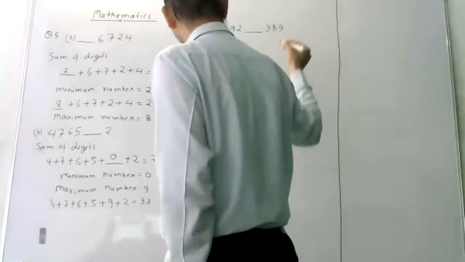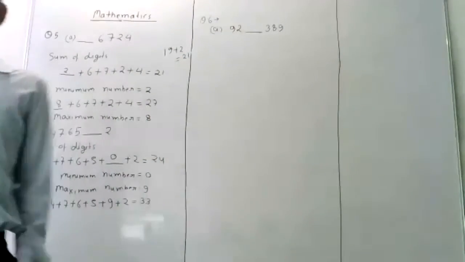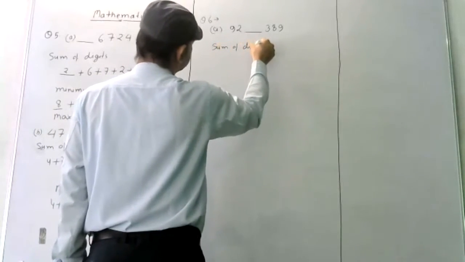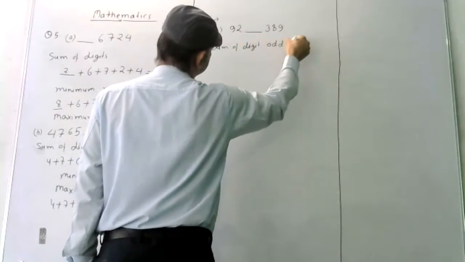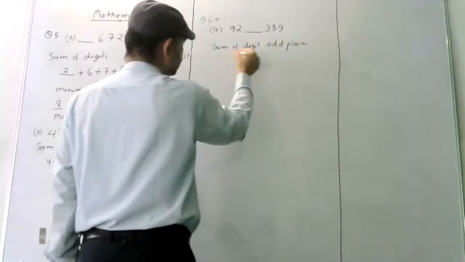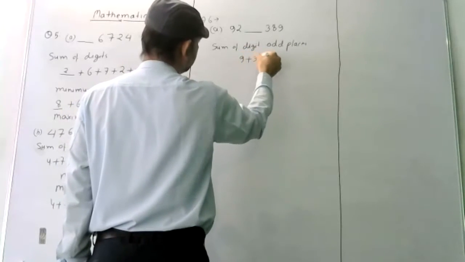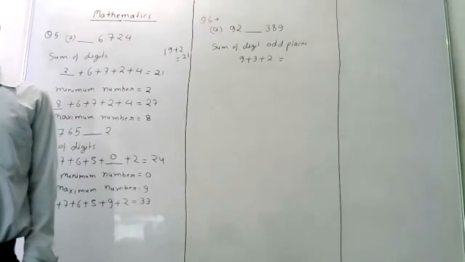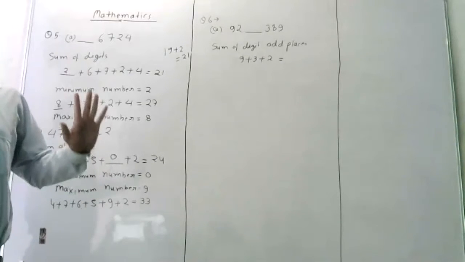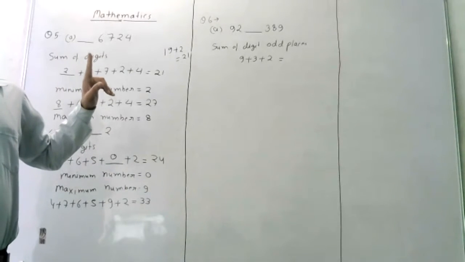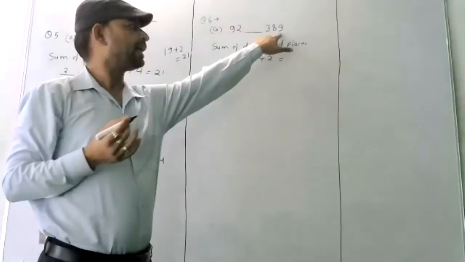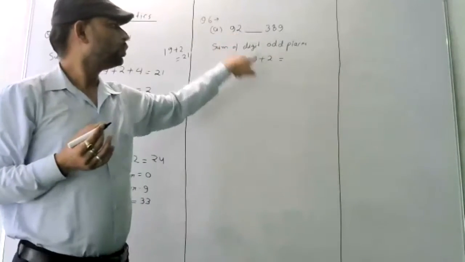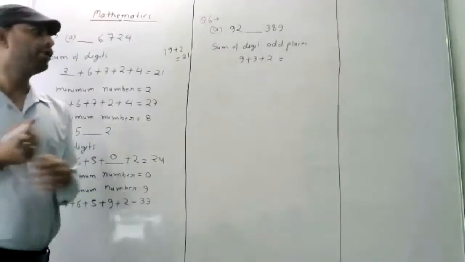Here, the sum of digits at odd place is equal to 9 plus 3 plus 2. Odd places in this number, from the right: first 9, then 3, and then 2. That is equal to 14.